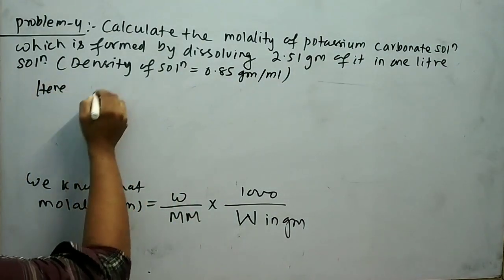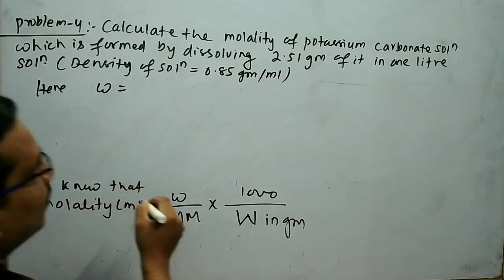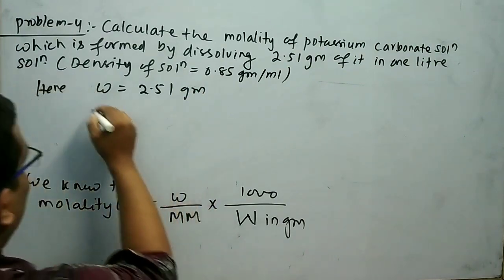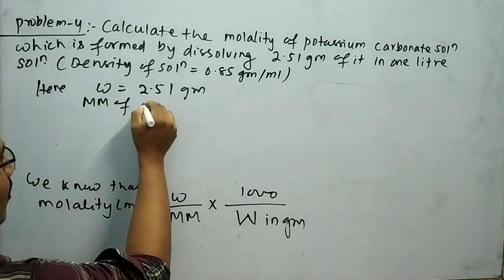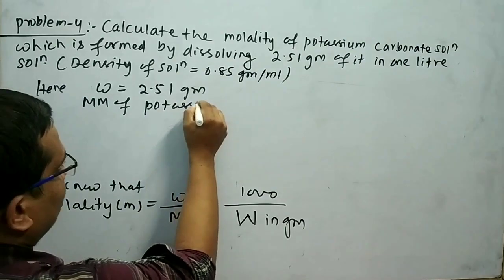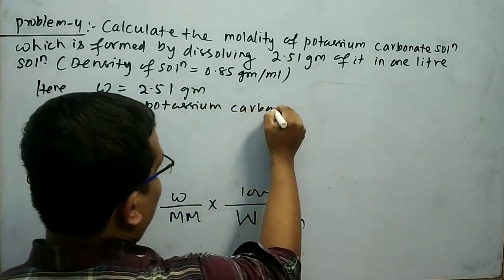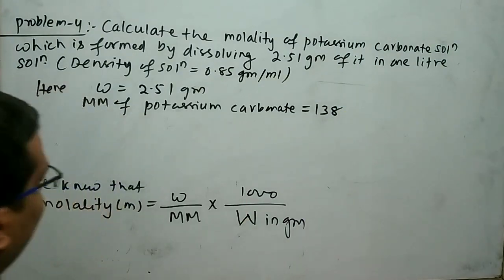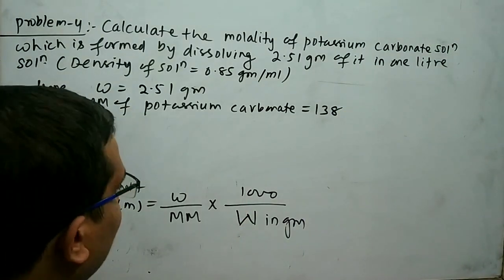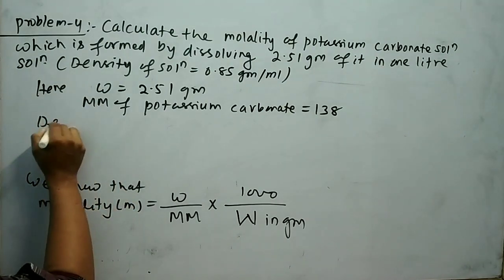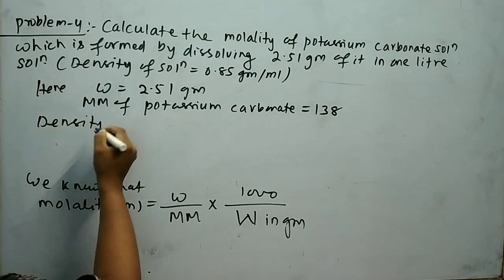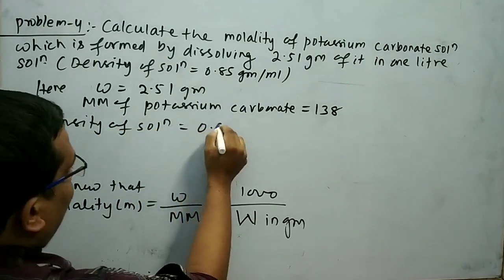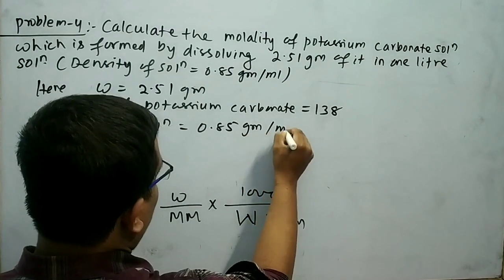Here small w, that is the weight of solute, is 2.51 gram. Molecular mass of potassium carbonate equals 138. Now our aim is to find out the capital W. Here the density of solution is given, that is 0.85 gram per ml.